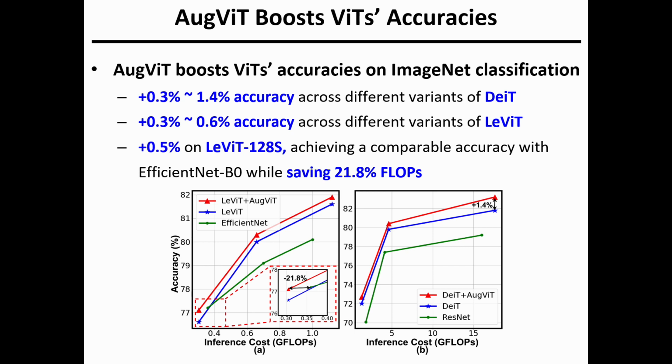It's also worth noting that although existing works have shown that efficient convolutional neural networks always have a better accuracy-efficiency trade-off than efficient vision transformers, with our proposed AugViT, we can boost the performance of the smallest efficient vision transformer, LeViT 128S, by 0.5 higher accuracy, achieving a comparable accuracy with one of the state-of-the-art efficient convolutional neural networks, EfficientNet B0, with 21.8% fewer FLOPs.